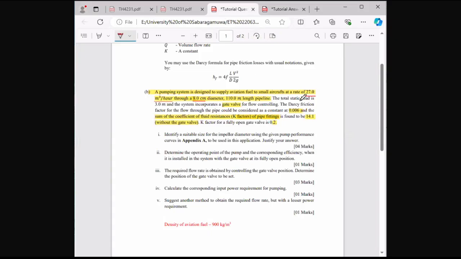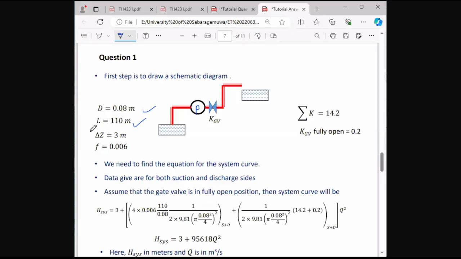They have already given the total static head, the Z2 minus Z1 value. Then dz is 3 meter.